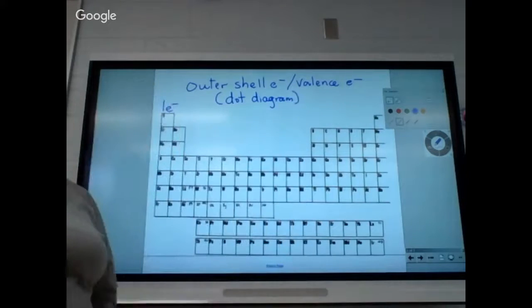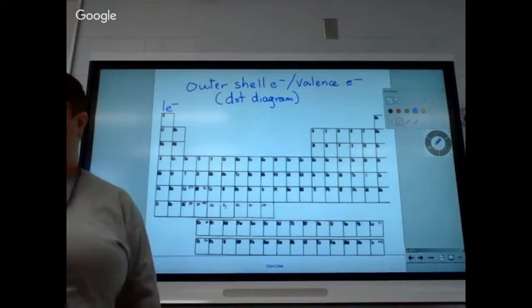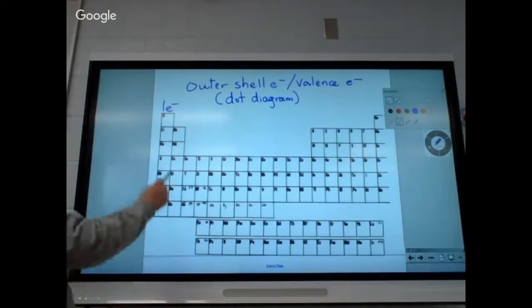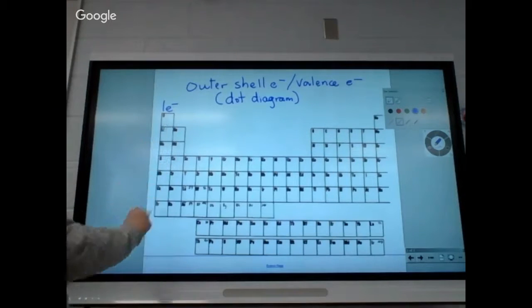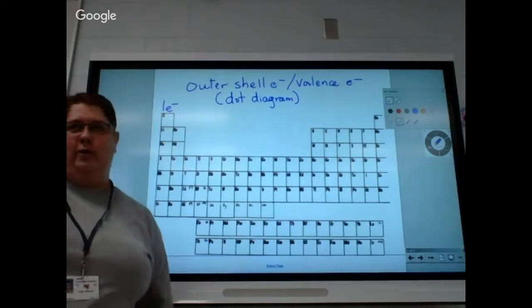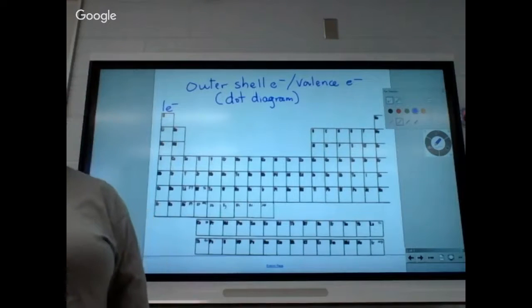So, if I know that every element in group 1 has 1 electron, what do I know about the dot diagram? Exactly. Do I have to know how to draw the electron configuration? I don't have to draw it to be able to check your papers to know if you drew the dot diagram right. If that element's in group 1, it has how many dots? And then I have the answer.